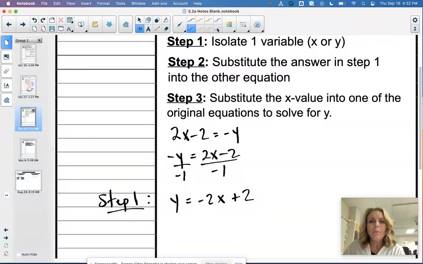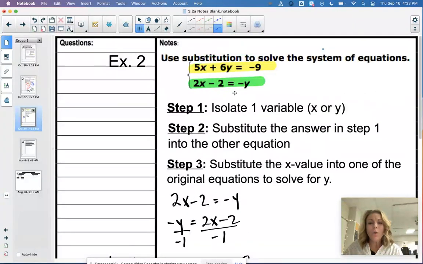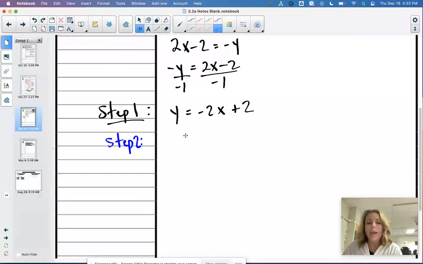So now I'm going to go to step 2. And the equation I did not use is 5x plus 6y equals negative 9. So that's what I have to use.